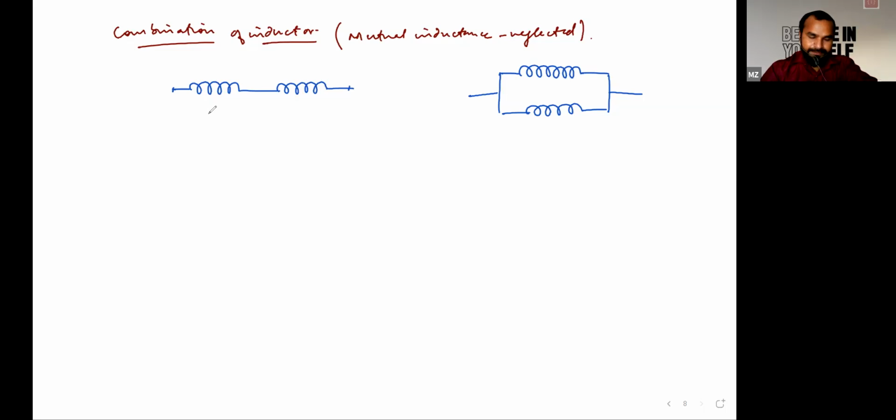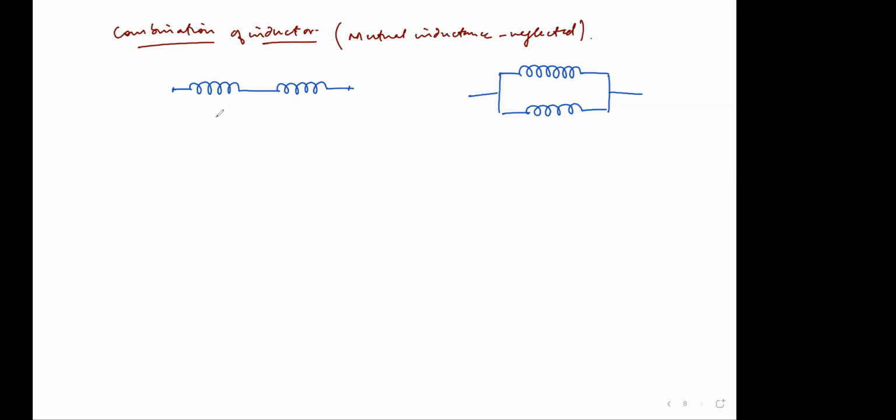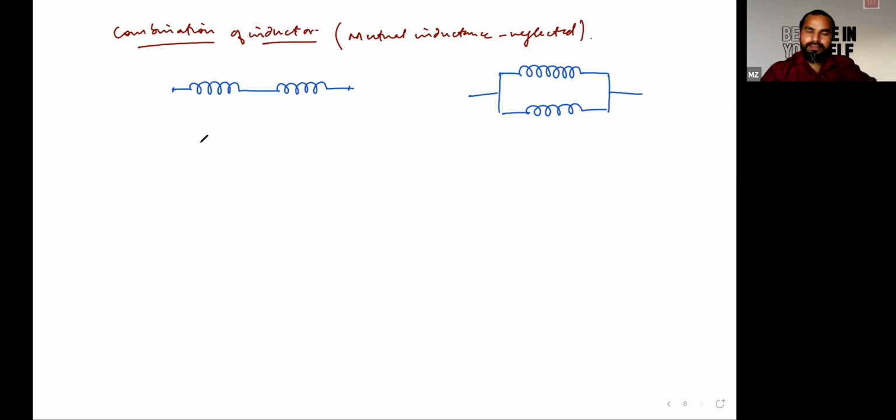As we have learned, in series combination, current is the same and voltage would be different. So net voltage would be equal to the EMF induced by each coil. EMF is nothing but L equivalent di over dt. Similarly, L1 di over dt and L2 di over dt.